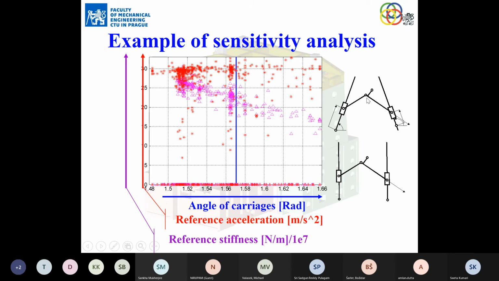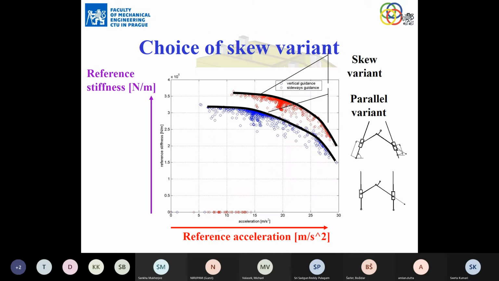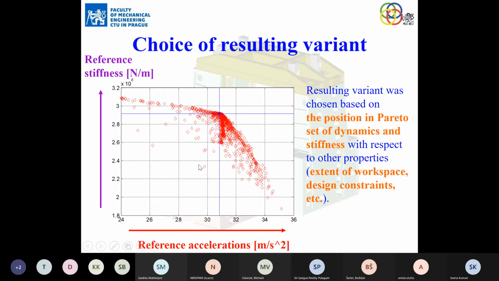So we finally decided to use this skew variant with the non-redundant actuation, and we achieved this, even from the increased potential, 20% more. So it is again the skew variant and this parallel sliders variant. You can see how we selected. Then the final selection was in this angle of the slope, a change of the slope, but it was not exactly on the boundary.